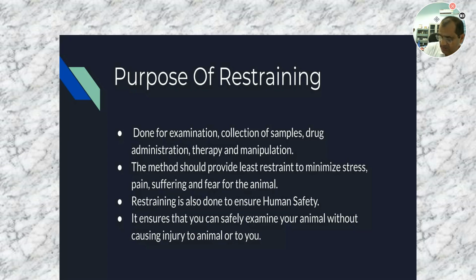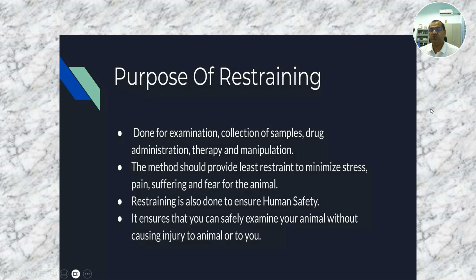So they have their natural defense like kicking, stabbing by the horns, and sometimes stamping, and they are always of a very fearful nature. Sometimes they may injure us greatly by biting by the dogs and very bad kicking by some of the horses, and also the cats, especially the scratch, and all these things will be avoided if a proper restraining technique is used.